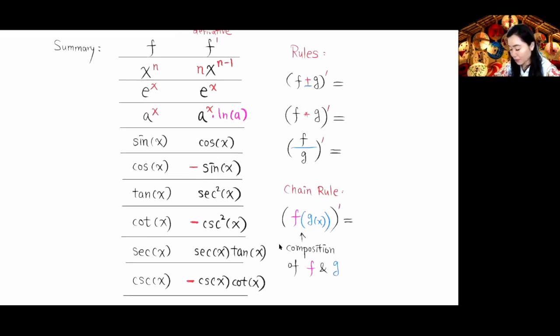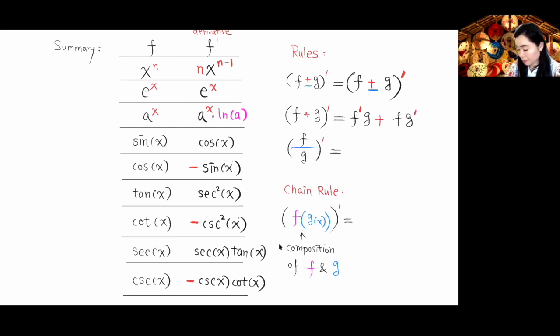And then we also went over a couple of rules. The sum and difference rule: the derivative of the sum is the sum of the derivatives, and the derivative of the difference is the difference of the derivatives. Then the product rule: differentiating f times g gives f prime g plus f g prime.